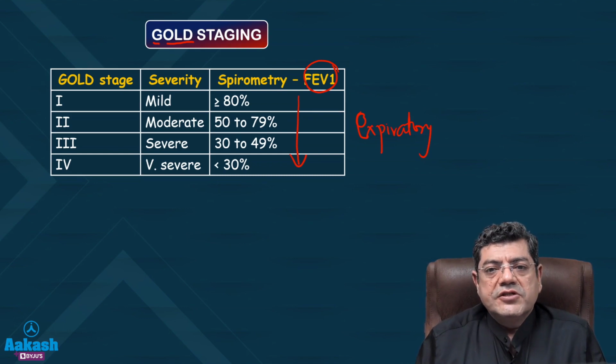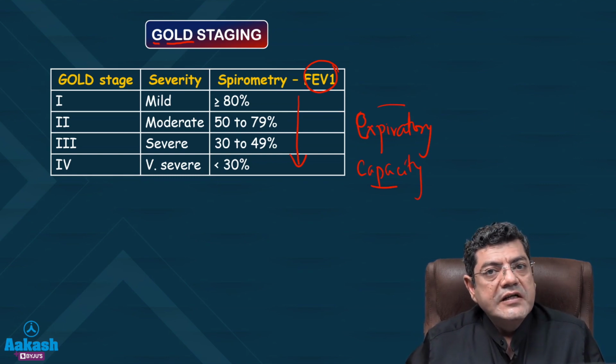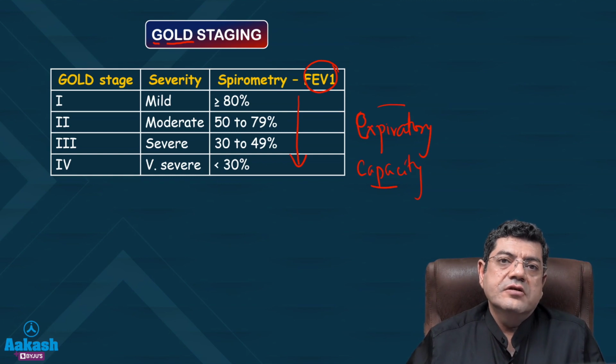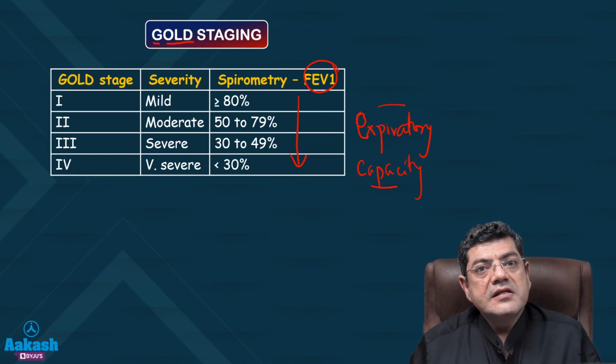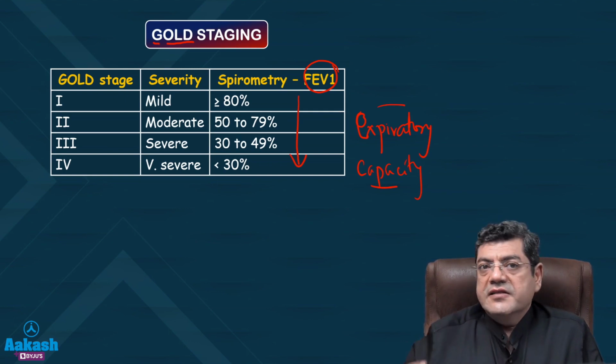So it's a measure of expiratory capacity, and that's in keeping with what we discussed. Obstructive diseases have more of an expiratory limitation than an inspiratory problem, right? Another thing that we discussed about FEV1 is how it is related to clinical expression.